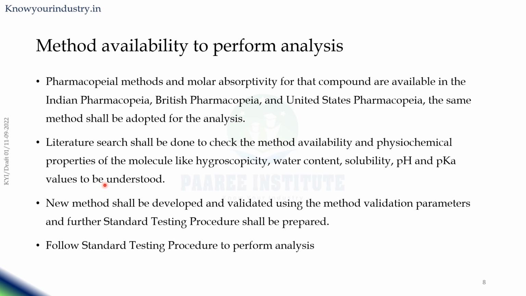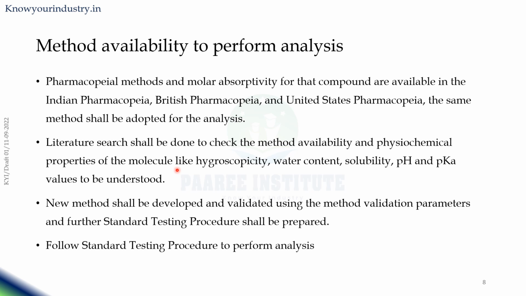So it is important to understand the physiochemical properties of the drug molecule for any kind of analytical method. That will give you a lot of lead for selection of various parameters like diluents and the concentration selections.